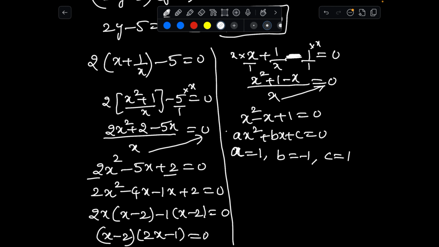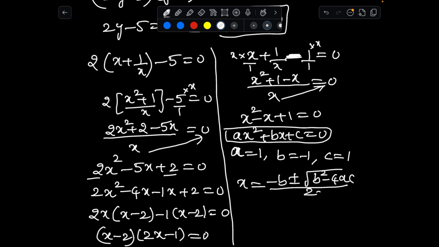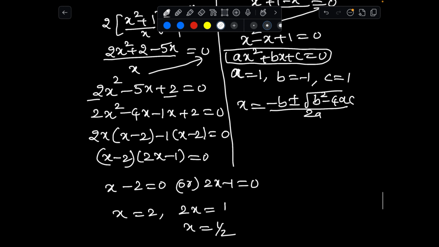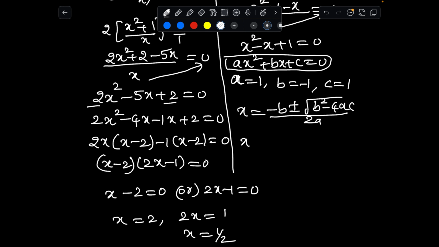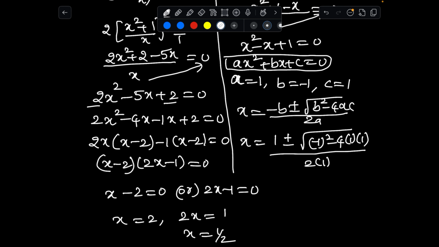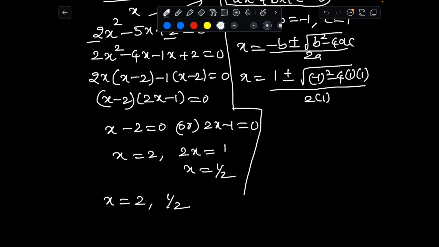The quadratic formula is x = (−b ± √(b² − 4ac))/2a. Substituting, x = (−(−1) ± √((−1)² − 4·1·1))/(2·1). Now simplify it.